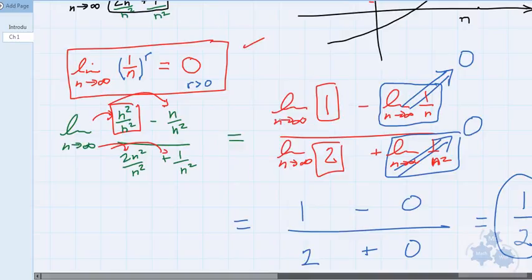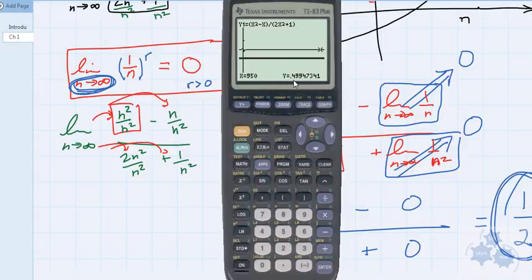So the limit itself, now remember limits, as n approaches infinity, there is no infinity, right? So it just means it's getting larger and larger and larger. And if this was allowed to go to infinity over here, then this limit would be equal to 1/2. With any measurable value that we plug into the calculator, you're not going to get exactly 0.5. Just like we did here, it's 0.499.